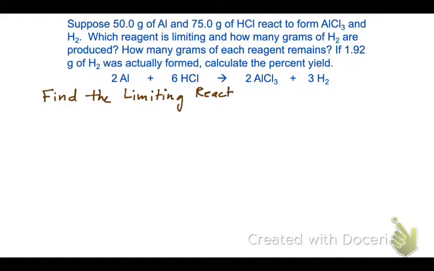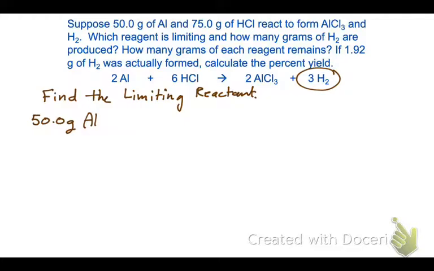And since they want questions about hydrogen, I will use hydrogen as my way to get the limiting reactant, right? I'm going to test aluminum and test hydrogen chloride and see which one gives less product, and that will be my limiting reactant. So I start with aluminum. I'm going to say, okay, 50 grams of aluminum.